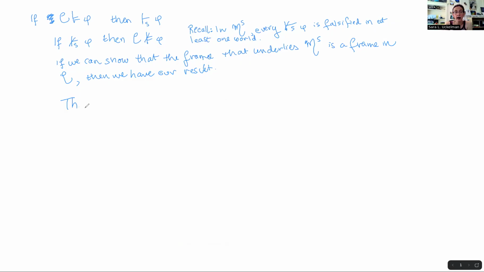That means we have a very straightforward theorem for the completeness of K. So the theorem is: the frame, I'm going to call it Fk, of the canonical model Mk, so that's the canonical model for system K, is a member of the class of K frames.